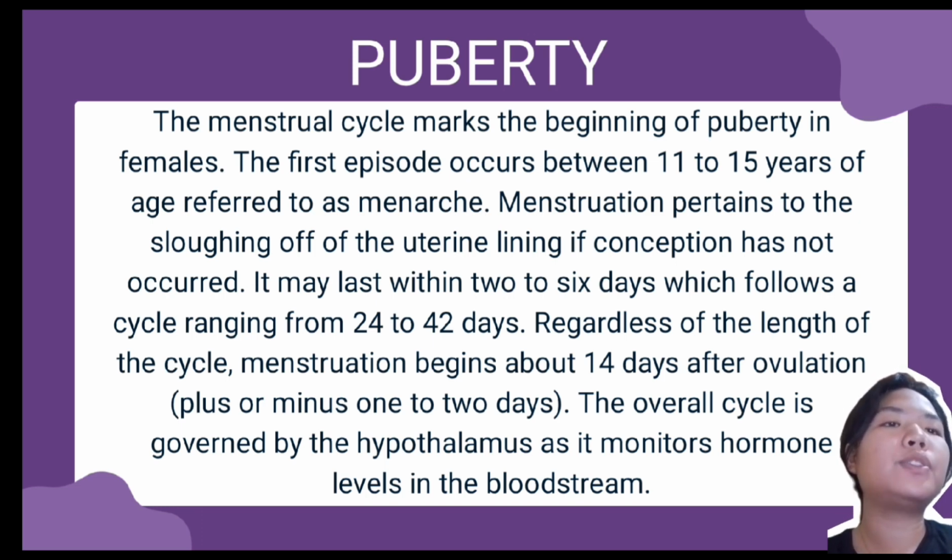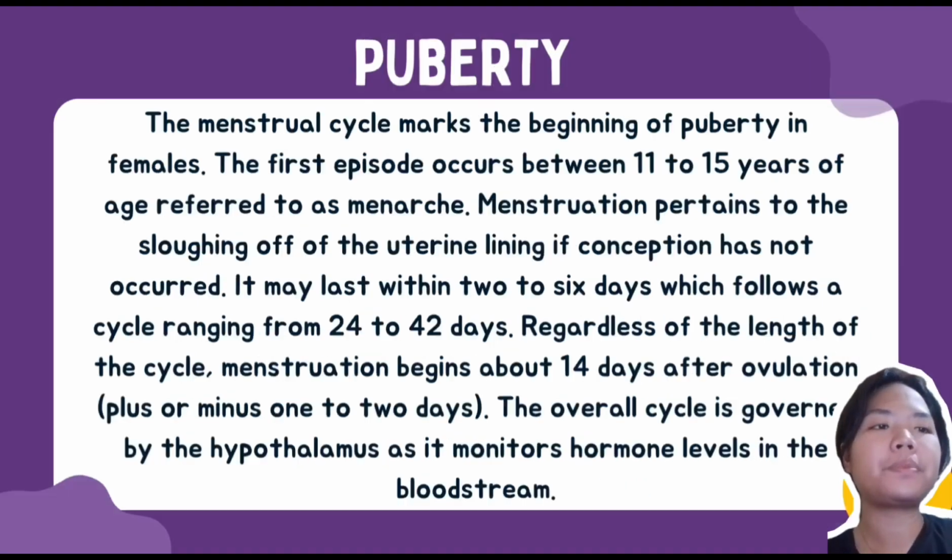It may last 2 to 6 days, and follows a cycle ranging from 24 to 42 days. Regardless of the length of the cycle, menstruation begins about 14 days after ovulation, plus or minus 1 to 2 days. The overall cycle is governed by the hypothalamus as it monitors hormone levels in the bloodstream.